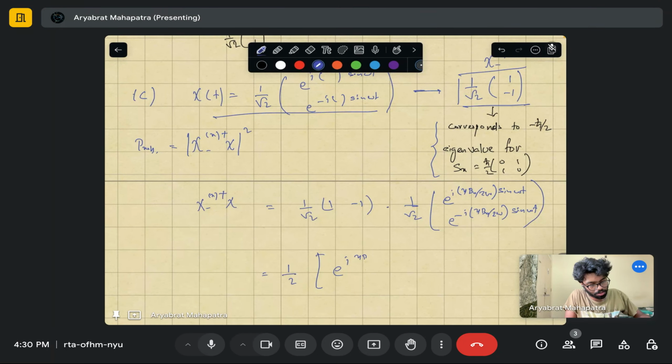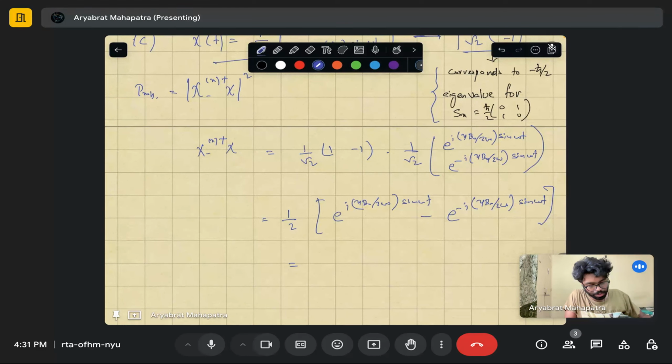So this entire expression, you will use Euler's identity here. I hope you are aware of Euler's identity, where we can write trigonometric expressions like cosine and sine in terms of exponents.